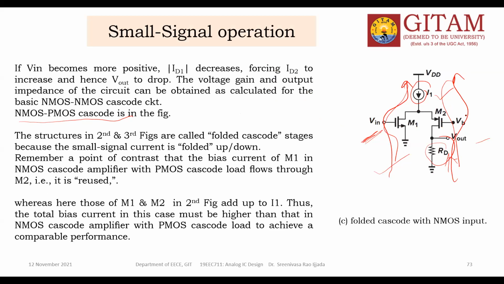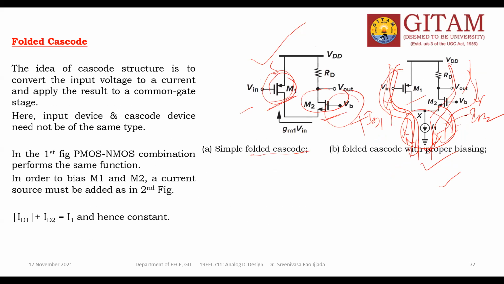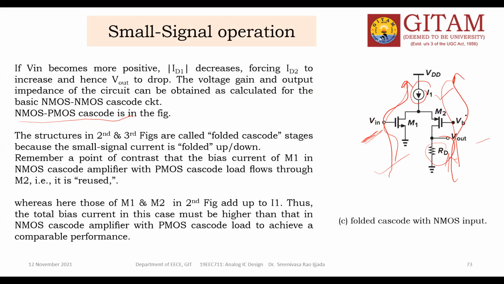Thus, the total bias current in this case must be higher than that in the NMOS cascode amplifier with PMOS cascode load to achieve comparable performance. So in this second picture, since I1 is adding up two currents, the total bias current is higher than in the previous case.